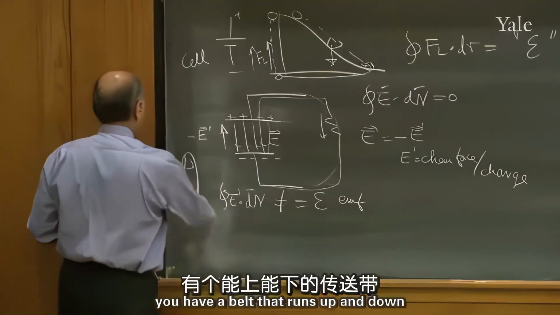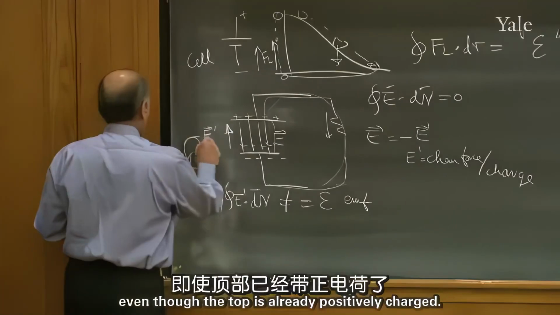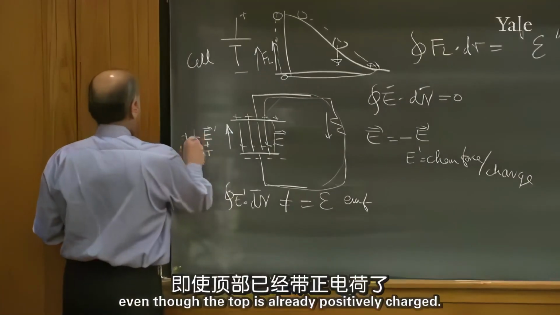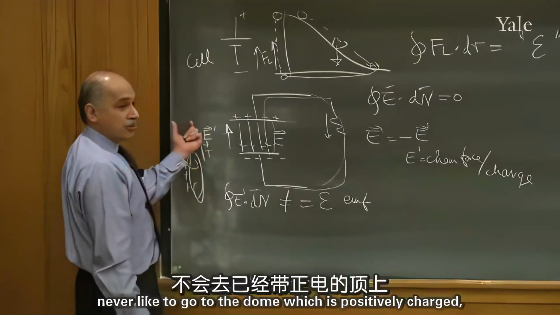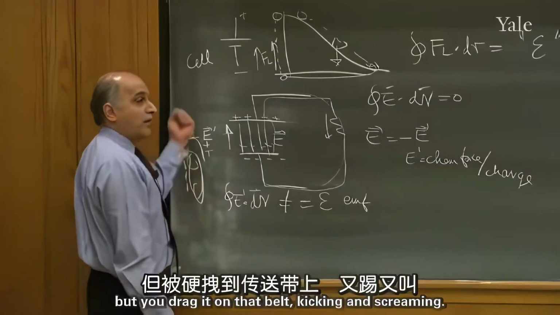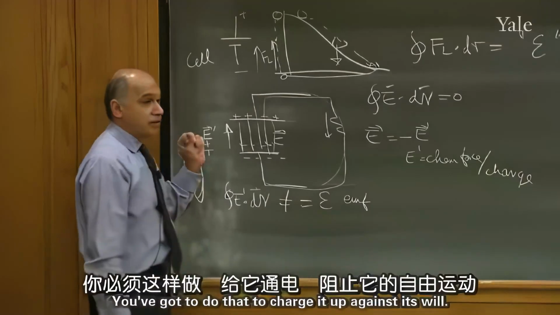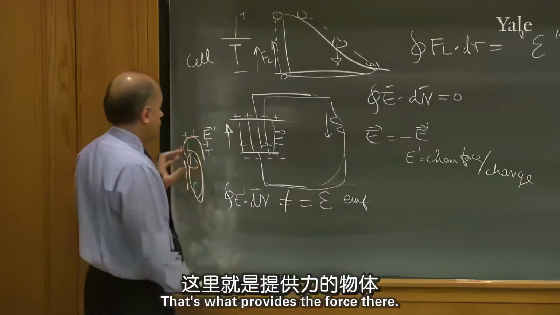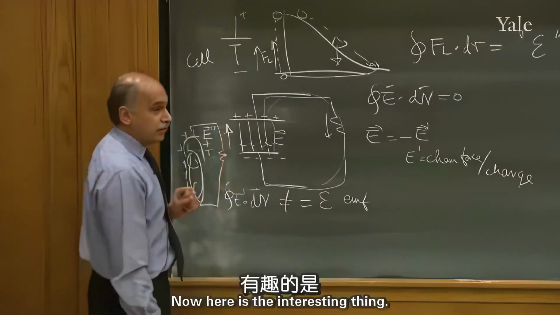You have a belt that runs up and down and carries positive charge to the top, even though the top is already positively charged. Left to itself, a positive charge would never like to go to the dome, which is positively charged, but you drag it on that belt, kicking and screaming. You've got to do that to charge it up against its will. That's what provides the force there. You can connect that guy to a resistor and the current will keep flowing.